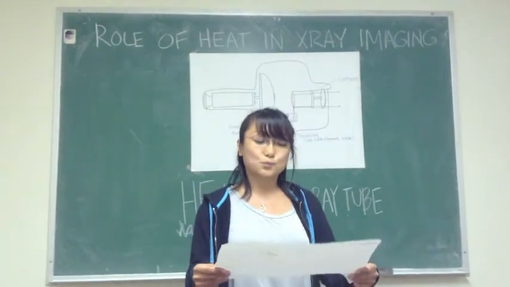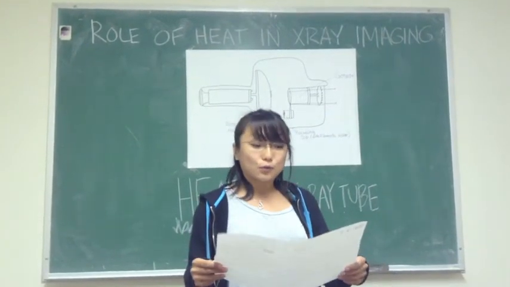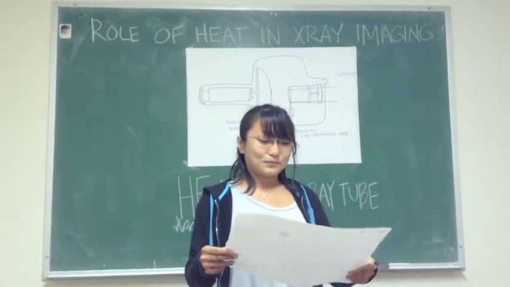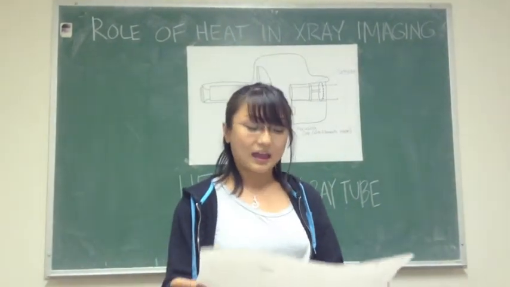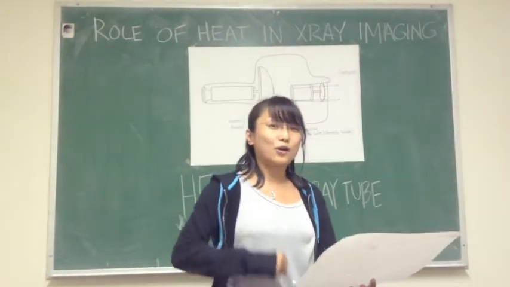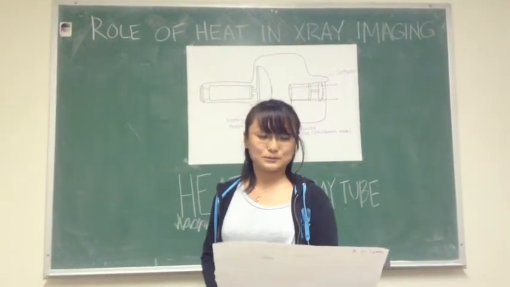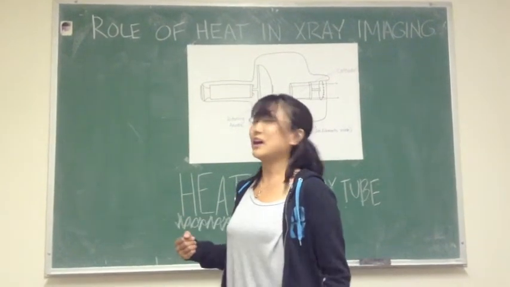In order to prevent damage to the X-ray tube, the X-ray equipment operator must be aware of the role of heat and how it transfers in the X-ray tube. Now, Lauren is going to explain about the transfer of heat in the X-ray tube.